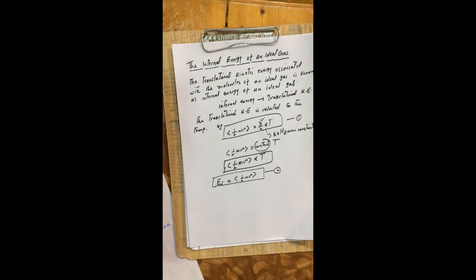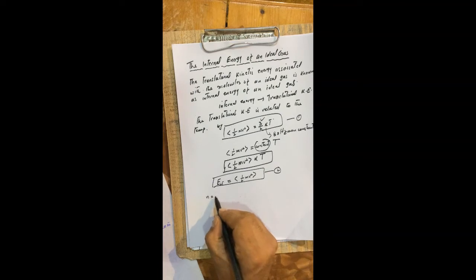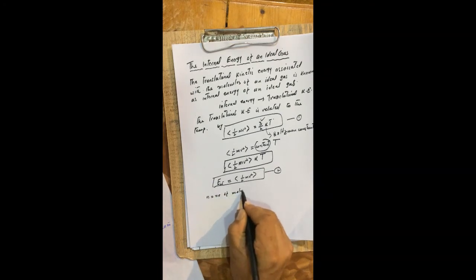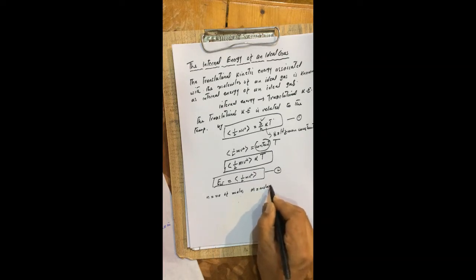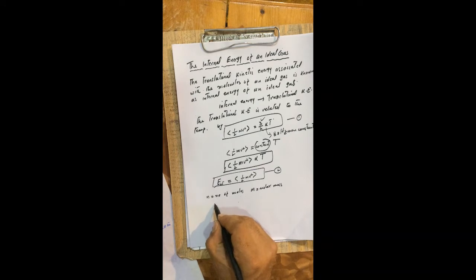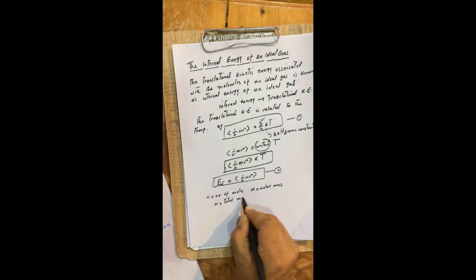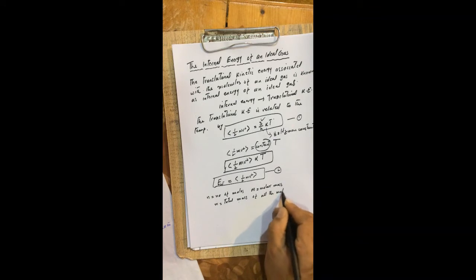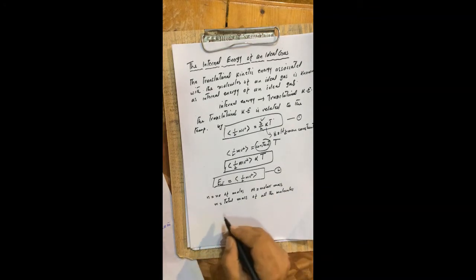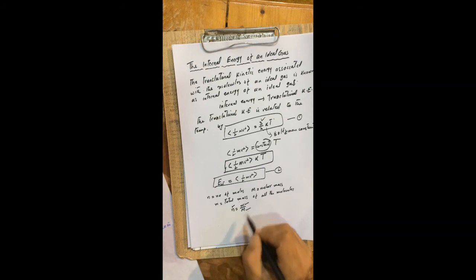Now we know that if n is the number of moles, capital M represents the molar mass, and small m represents the total mass of all the molecules, then we have a relation given by this: n is equal to m over M. It means the number of moles is equal to the total mass divided by the molar mass.